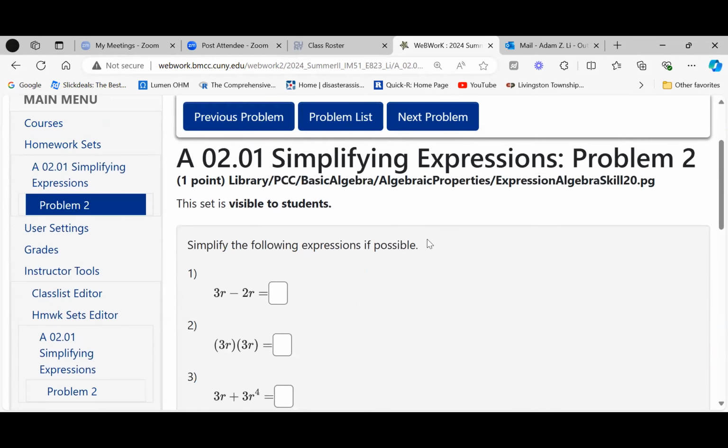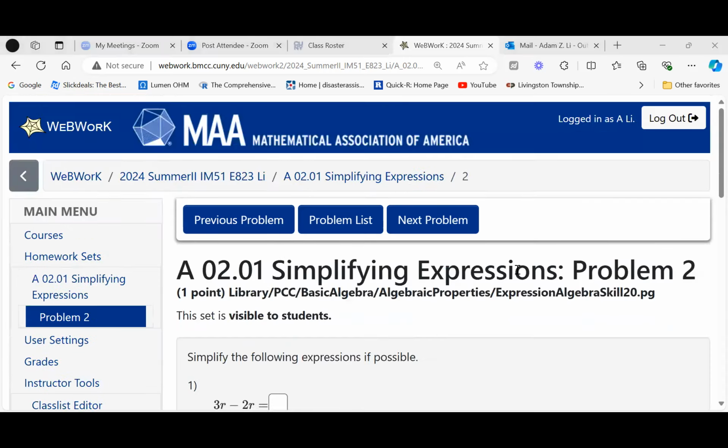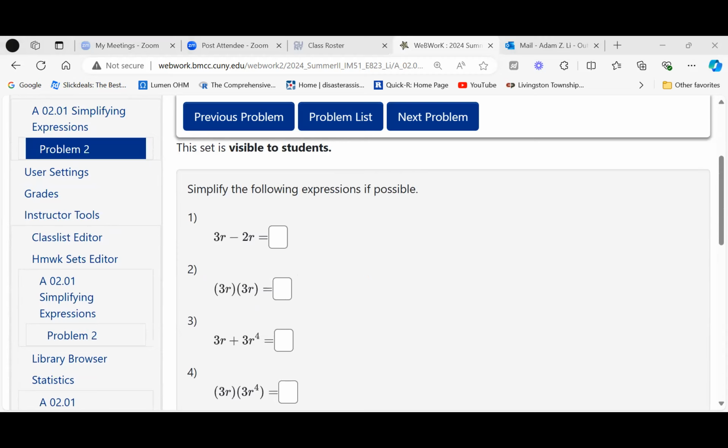Let's see. All right, let's try this. You're going to simplify the following expression if possible.